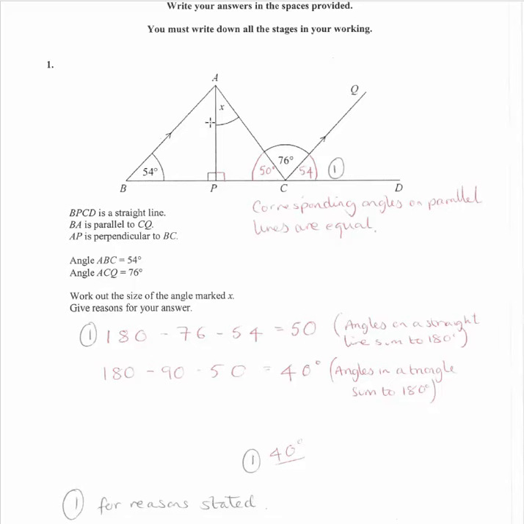It must be 36. You double check with that? Yes, 36. Okay, and if that's 36 and this angle here is 76, then this angle here must be the difference, and once again it's 40. So you'll always get the same answer, but there are often different ways of working it out. Okay, any way is fine as long as you say the reasons and the angle facts you used.